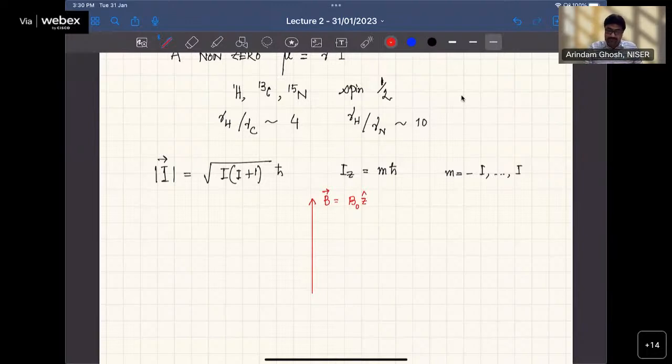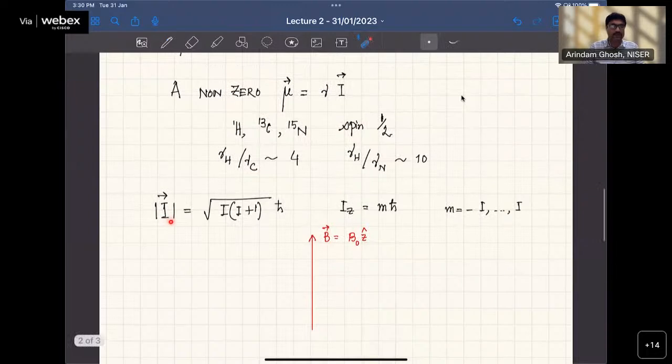If I now keep this magnetic moment inside here, it will orient according to this particular direction. So this direction becomes the Z direction. I ask students many times, this is spin or angular momentum, and this IZ, the Z component, the formula is M h cross, but which is the Z direction?